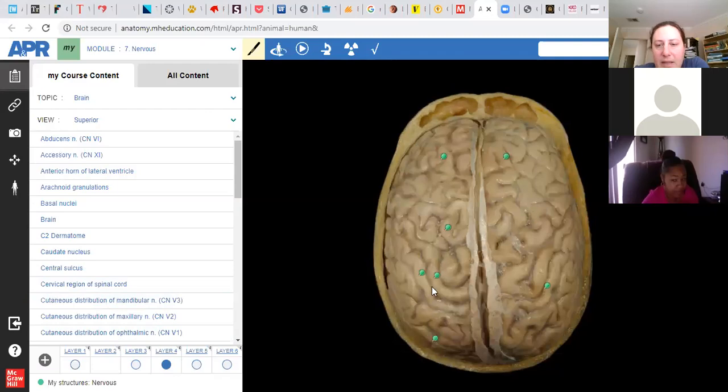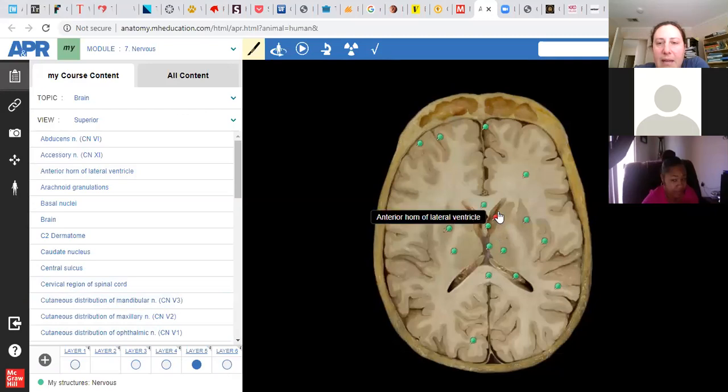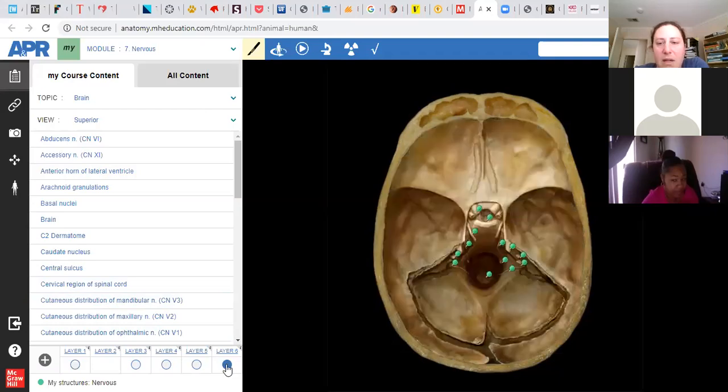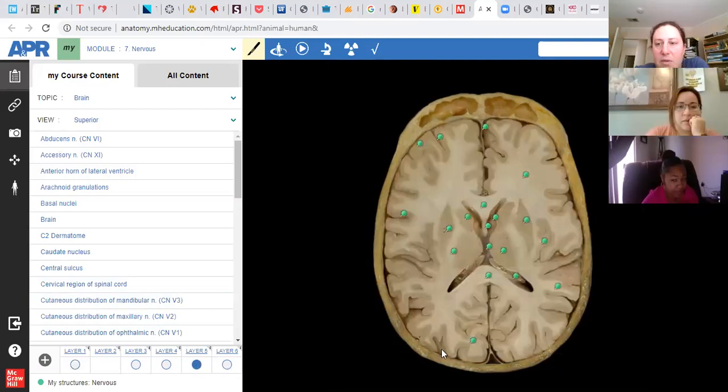But clearly these are not set up like that, so I'll probably be using the lateral for that. This stuff is just useful for things like the ventricles, which don't show up well on anything but some sort of cross section. Ventricles there, but I'm not going to use that one because there's not actually any brain in there. So this one is your most useful superior, does that make sense?